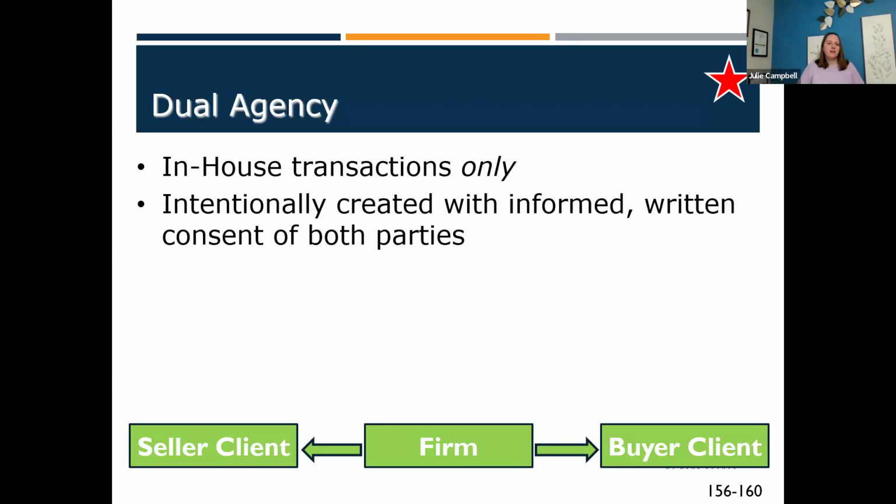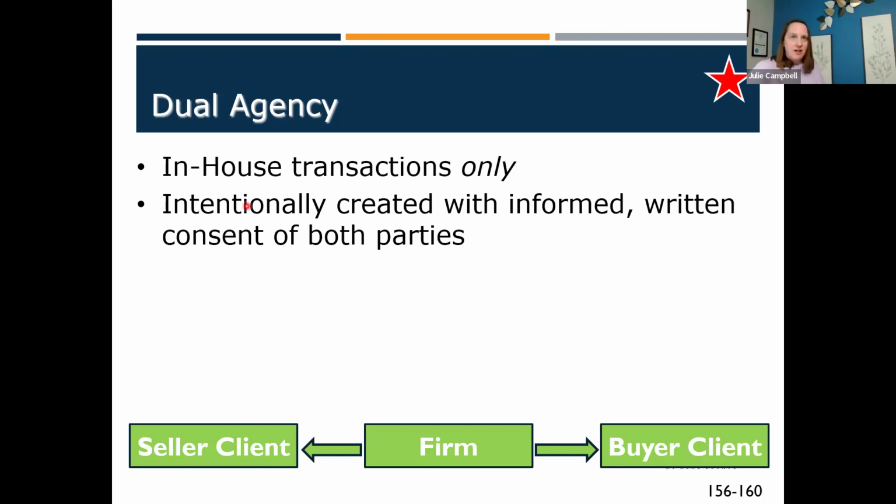Dual agency doesn't just happen by accident. Dual agency is intentionally created with informed written consent of both parties. Let's break that down. Intentionally created means on purpose, with explanation.